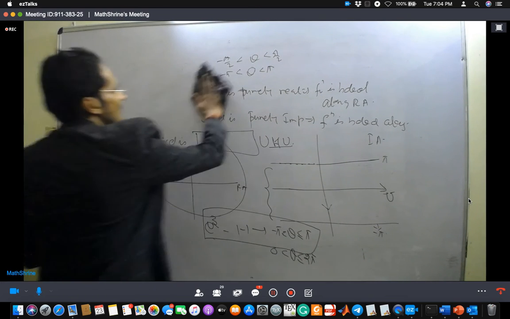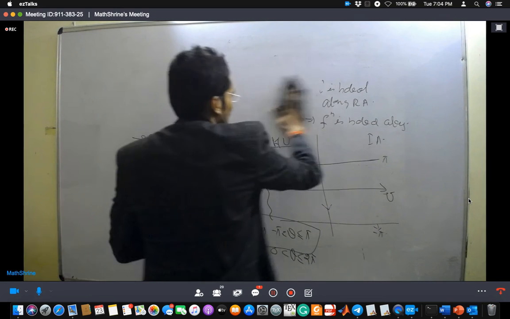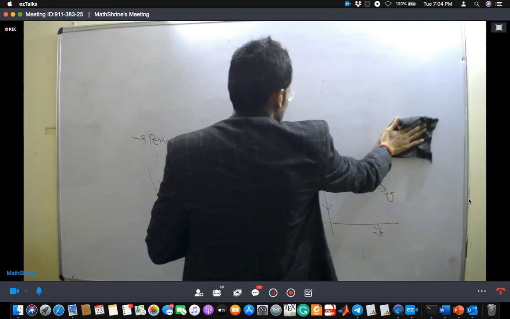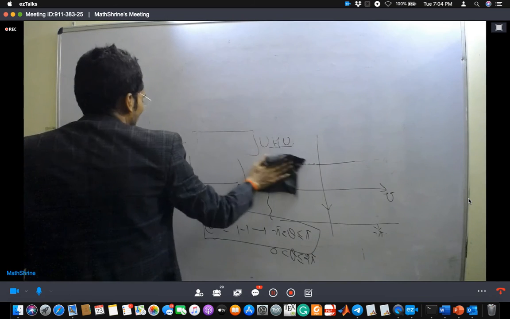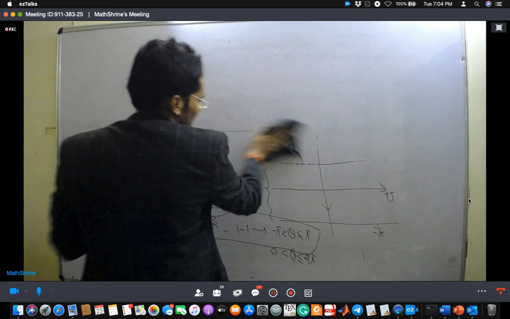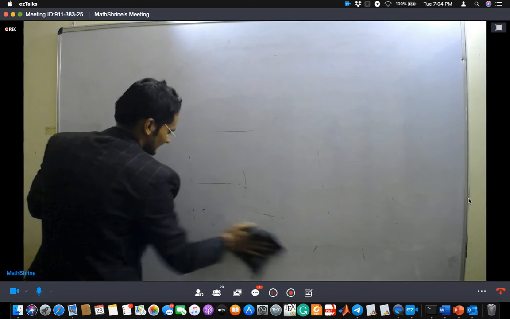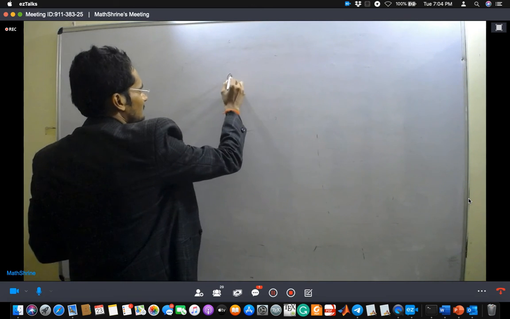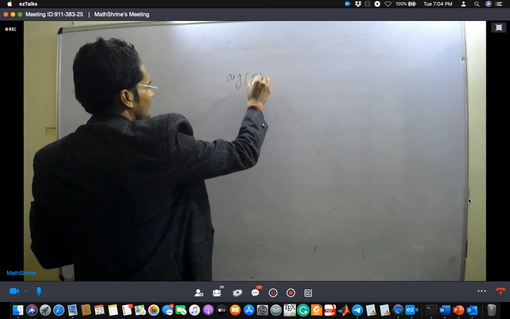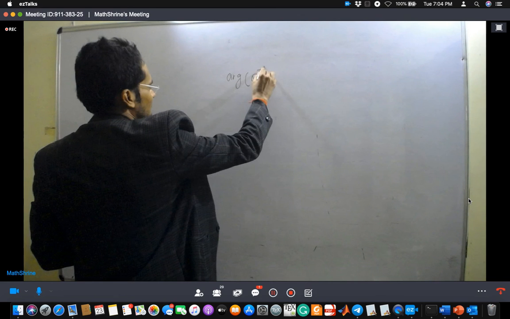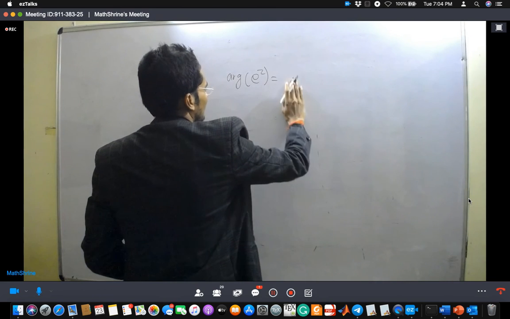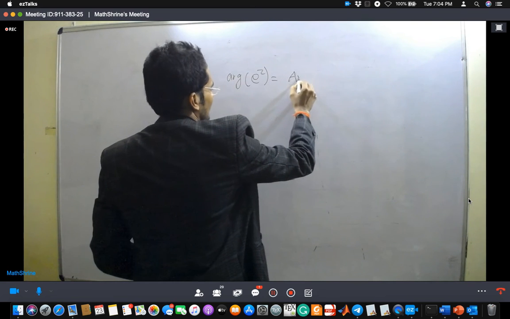Or you can try at home: the argument of e to the power z. This will be, tell me, the capital argument of e to the power z plus 2n pi i, n belonging to the integers. The exponential function can be written as e to the power x plus i y.